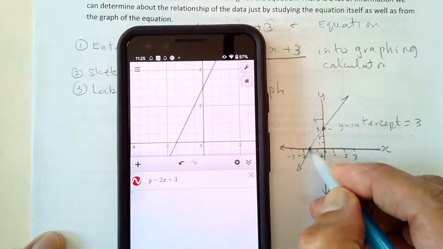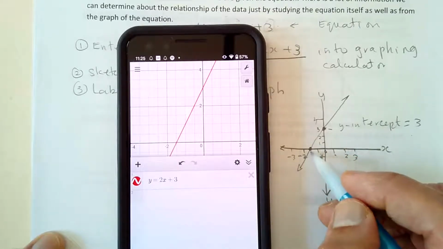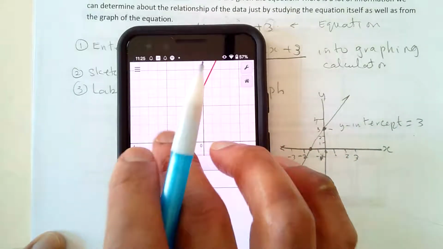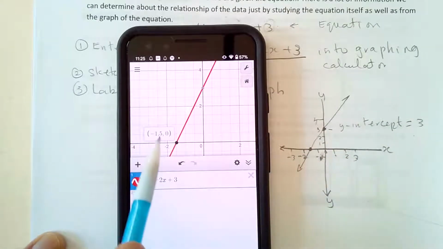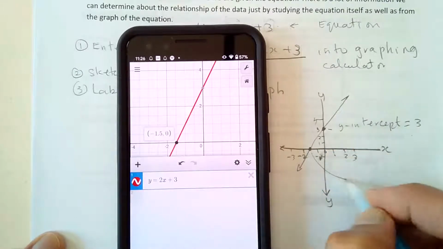My x-intercept, where it crosses the x-axis, it's negative 1.5. So if I tap on this here, y is 0 and x is negative 1.5. So this is my x-intercept.